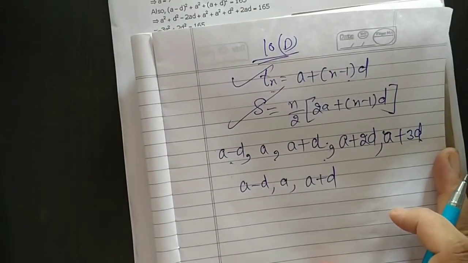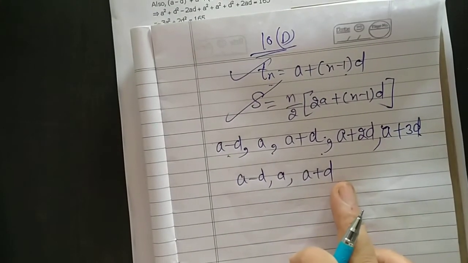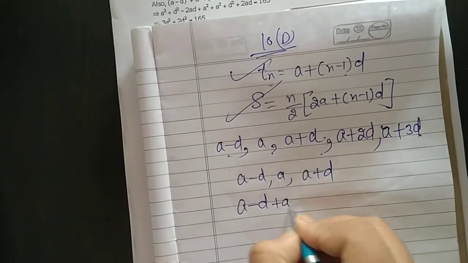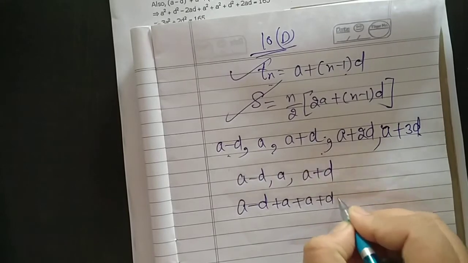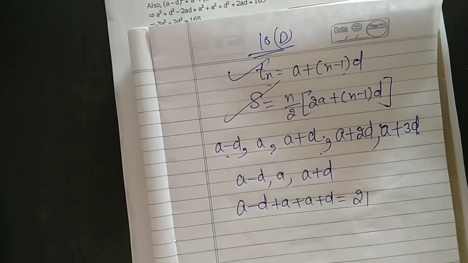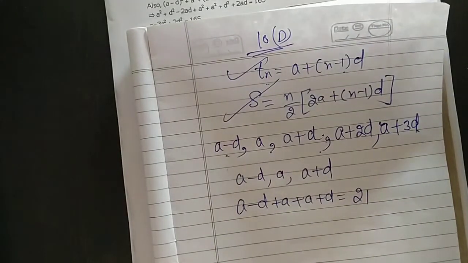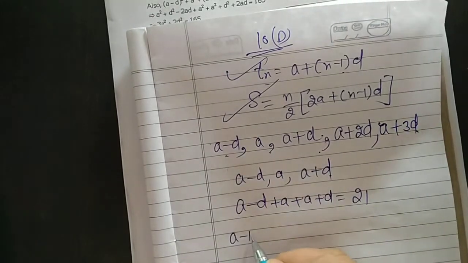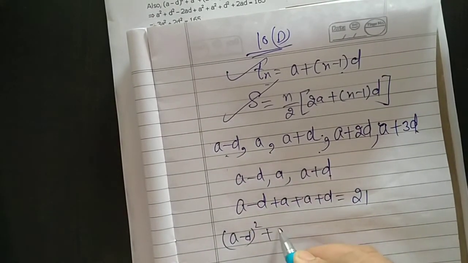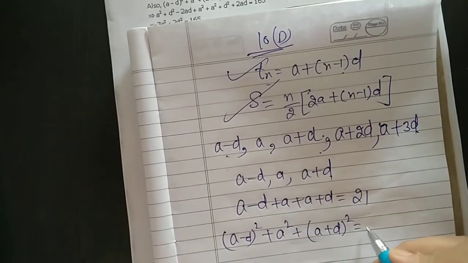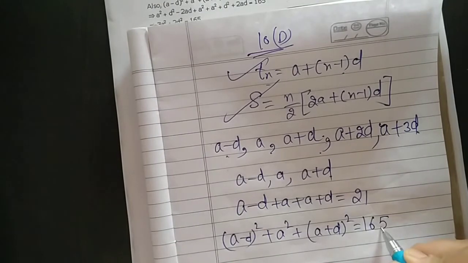So here they are saying the sum of 3 consecutive terms, means adding them, we will get 21. So a minus d plus a plus d is equal to 21, and the sum of their squares is 165. Then square them and add: (a minus d) whole square plus a square plus (a plus d) whole square is equal to 165.